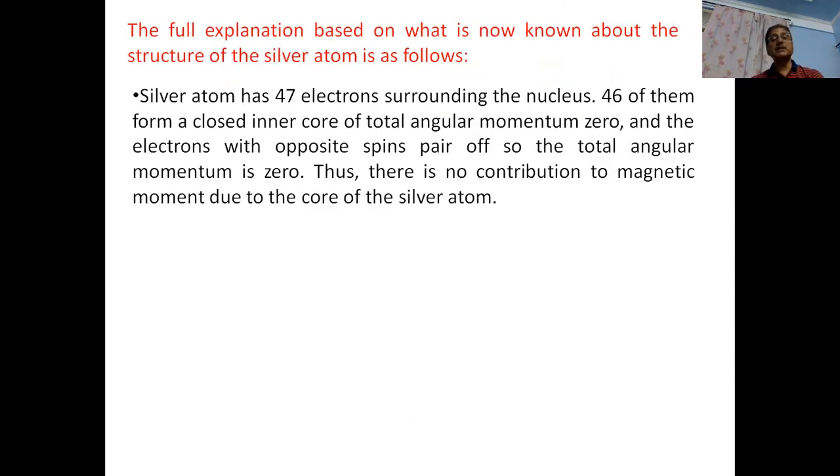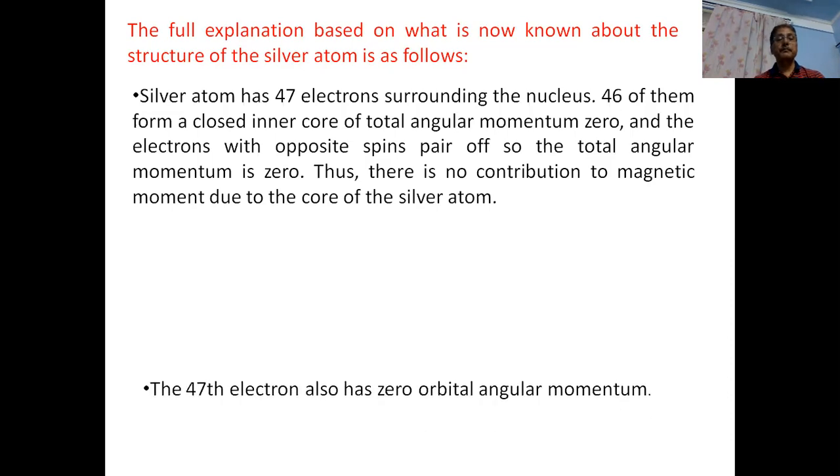Silver atom has 47 electrons surrounding the nucleus. 46 of them form a closed inner core of total angular momentum 0, and the electrons with opposite spins pair off, so the total angular momentum is 0. Thus, there is no contribution to the magnetic moment due to the core of the silver atom.